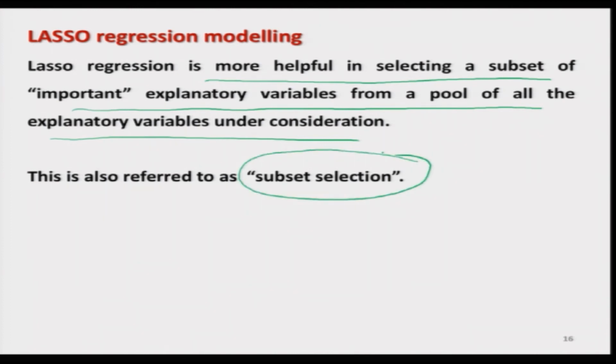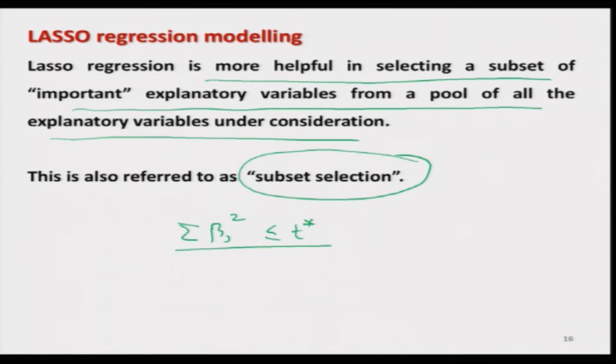You have seen that in ridge regression you put a constraint that summation beta j square is less than t star. This constraint helps us in identifying the important variables, and since you are putting a constraint, there is a high possibility that you will finally end up collecting those beta j's which are not close to 0.